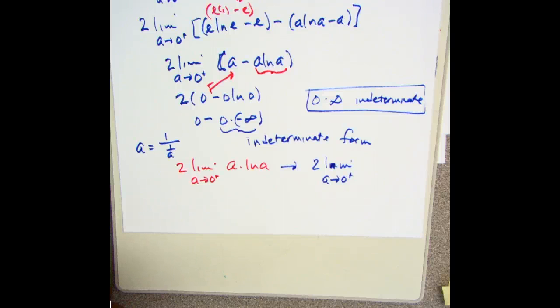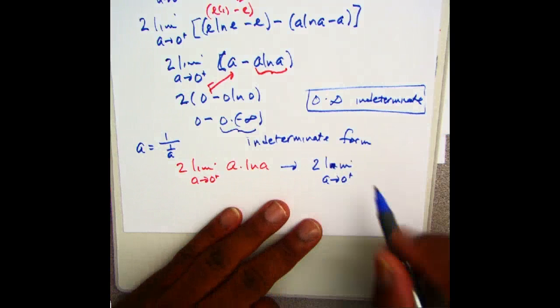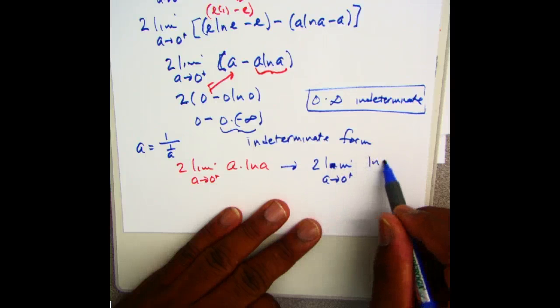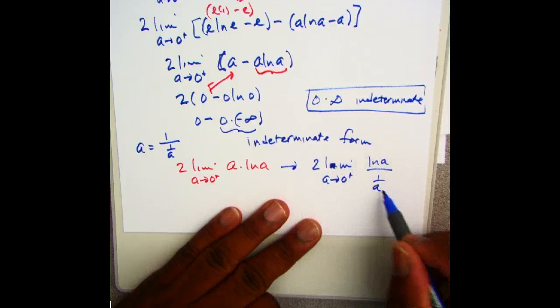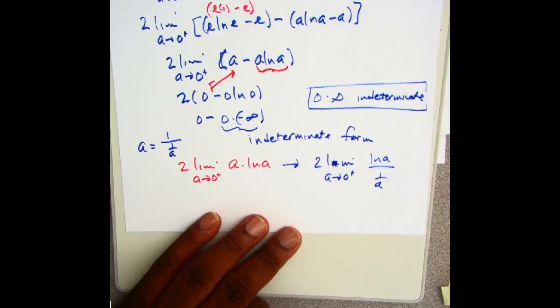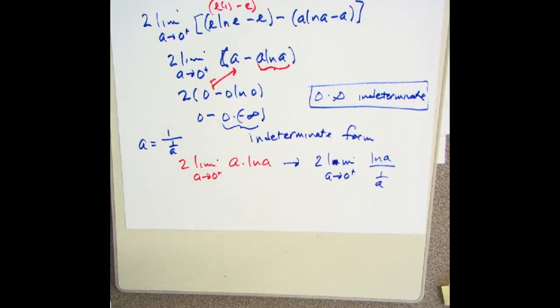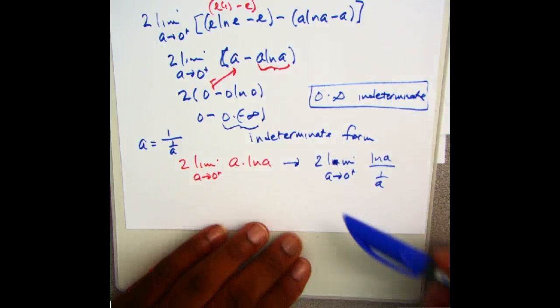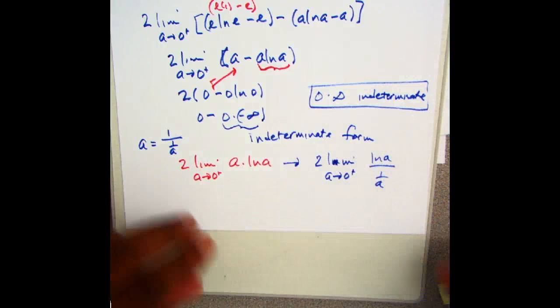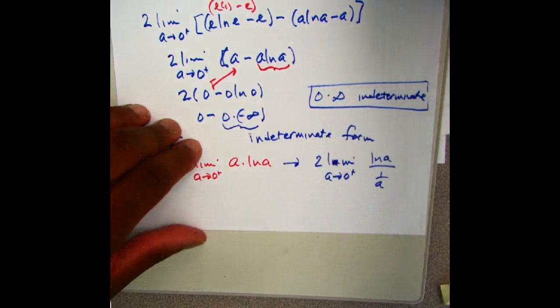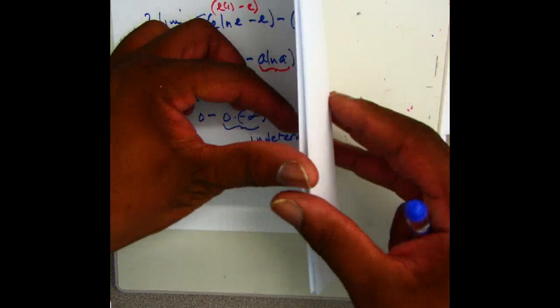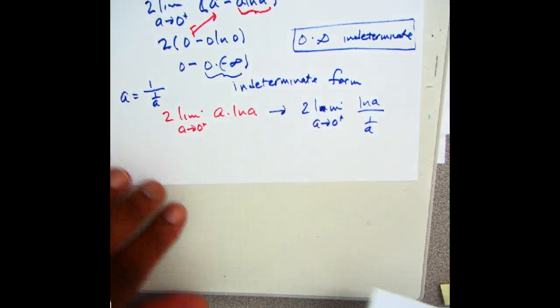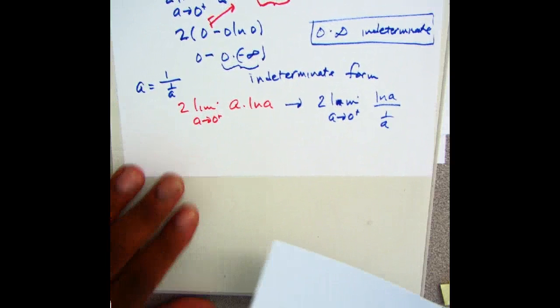So we can rewrite a as 1 divided by 1 over a. So then this just becomes ln of a all over 1 over a. And that's why I was saying before, really any type of problem you can make it fit using a little bit of algebra, you can make it fit into a ratio. And when we substitute in the 0 here, it is still going to be indeterminate. But now what we can do is we can go ahead and take the derivative. We can use L'Hopital's.